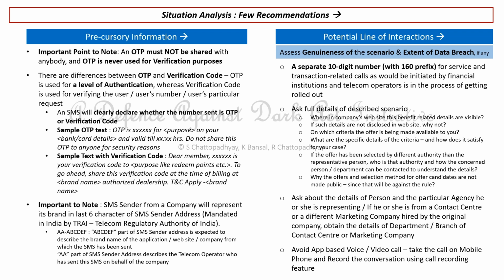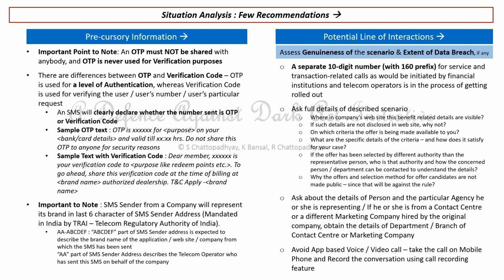Now, while carrying out this interaction, you need to also ask for the full details of the benefit scenario as the person is trying to explain it to you. You need to understand whether the benefit the person is offering you is the same benefit described on the company's website. All the benefit related details are visible.